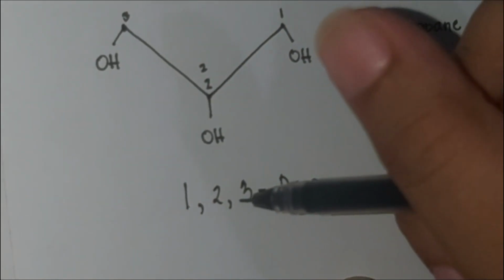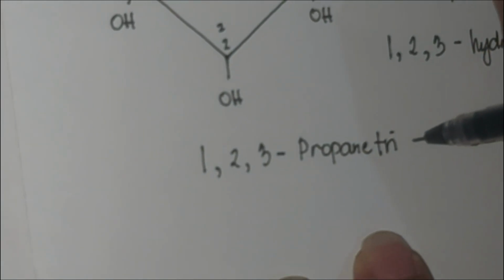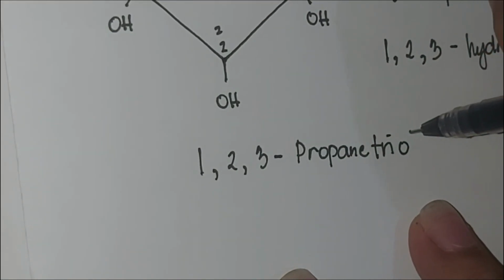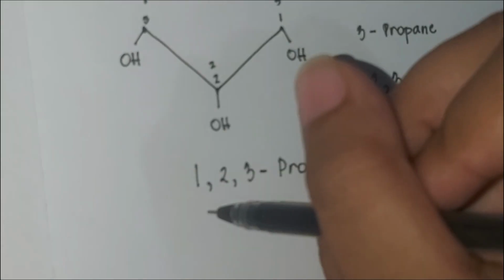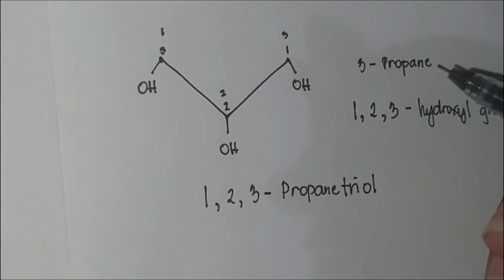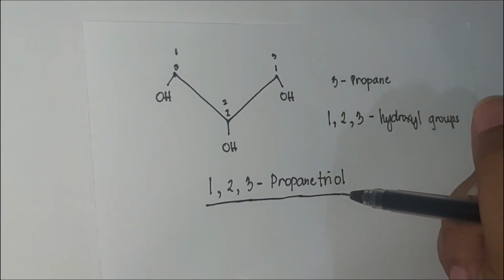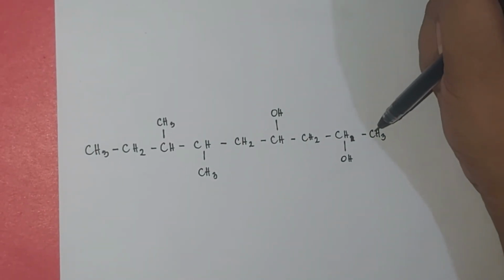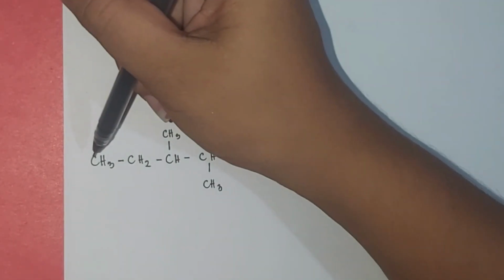And since there are 3 hydroxyl groups, we will put tri and the suffix OL since this is an alcohol. So the name of this structure is 1,2,3-propanetriol.